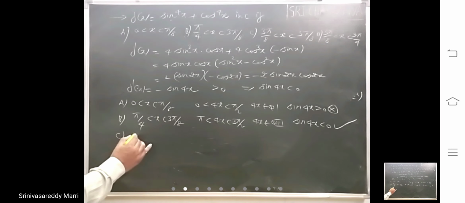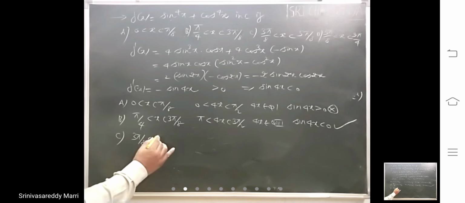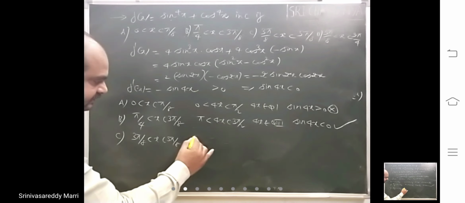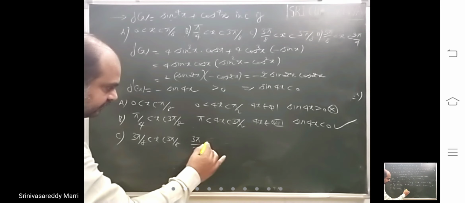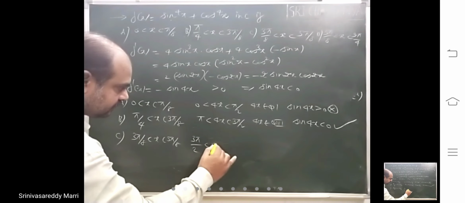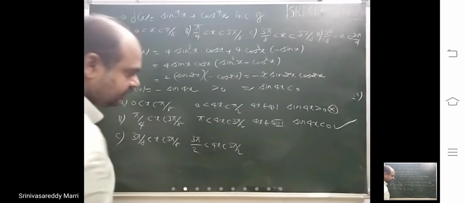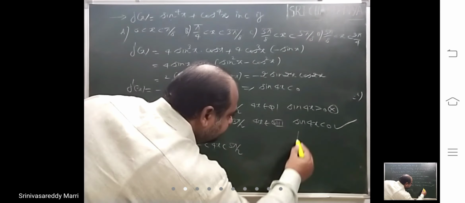Suppose 3 pi by 8 to less than 5 pi by 8. 4x means 3 pi by 2 to less than 5 pi by 2. So 3 pi by 2 to 5 pi by 2 means where you will get?